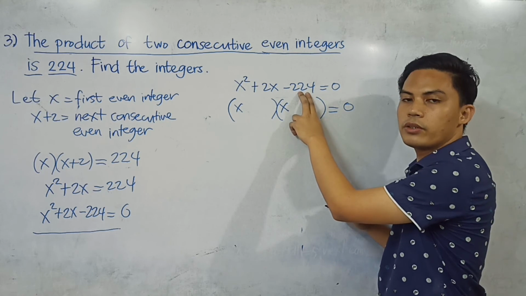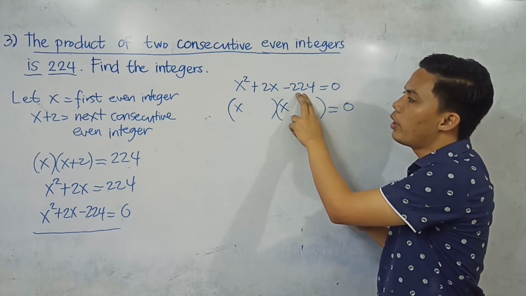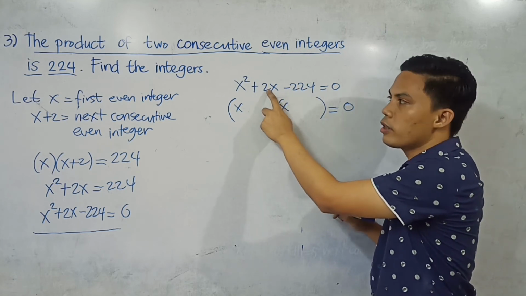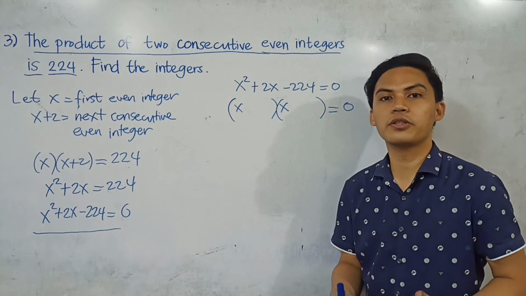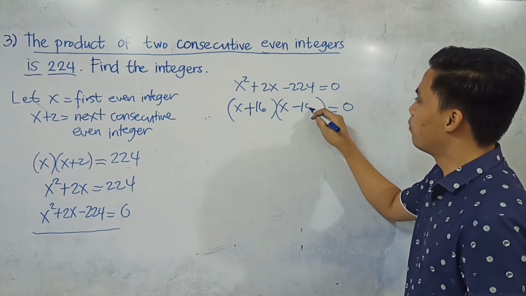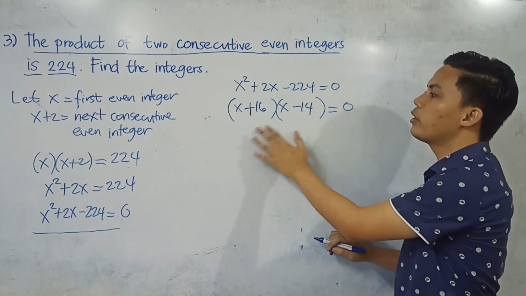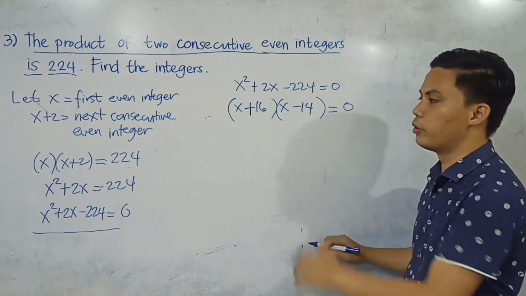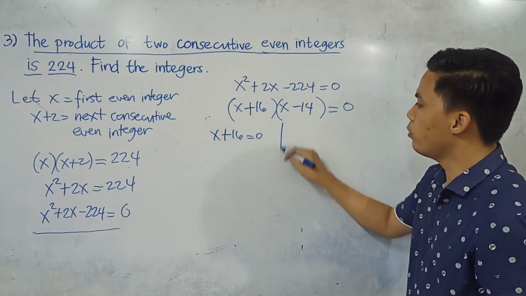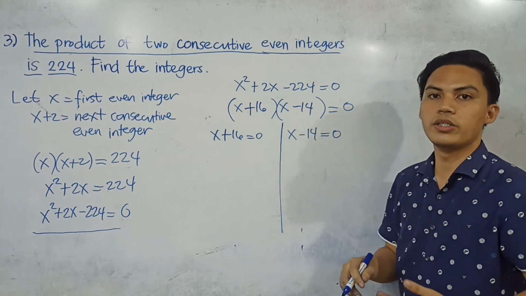Isip tayo ng dalawang factors ng negative 224 na kung saan ang product is negative 224 at ang sum nila is positive 2. So, ang factors niya would be positive 16 and negative 14. Okay, after getting the factors, equate natin each factor to 0. So, x plus 16 is equal to 0. And x minus 14 is equal to 0.